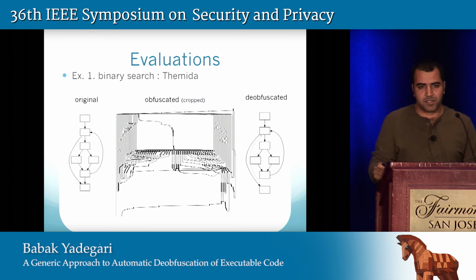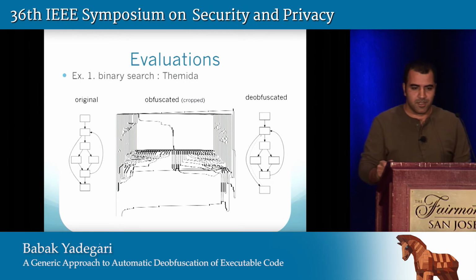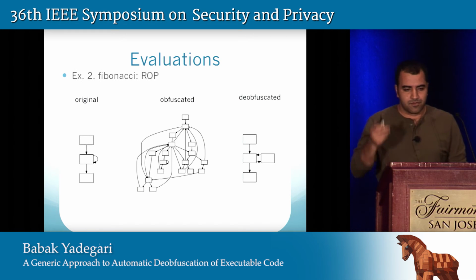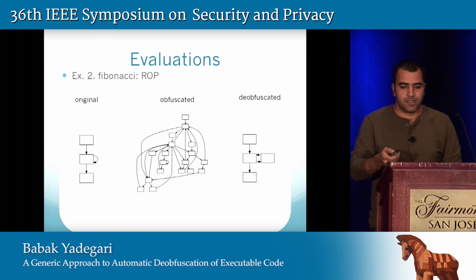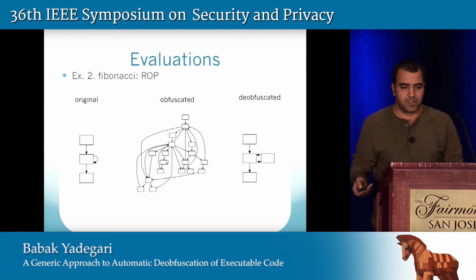And the picture on the right shows the CFG we were able to recover from that obfuscated trace. And this is for the Fibonacci program, we used ROP gadgets to build the Fibonacci program. And as you see, our tool was able to recover the original logic of the program from the obfuscated trace.